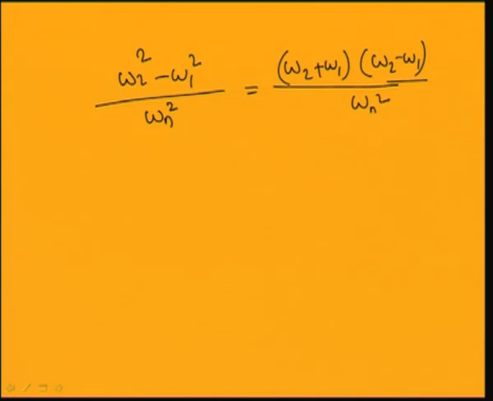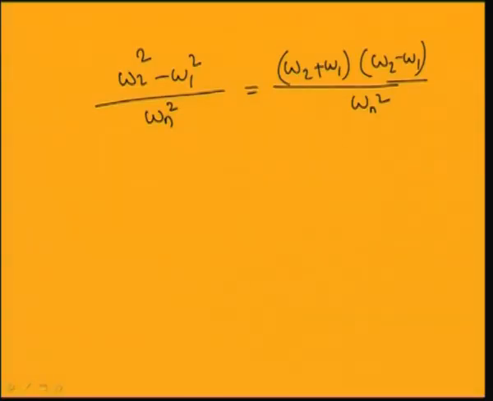As we are taking the sidebands to the left and right of omega by omega n equal to 1, you can have omega 2 plus omega 1 by 2 equal to omega n. So, omega n will be equal to omega 2 plus omega 1 by 2.